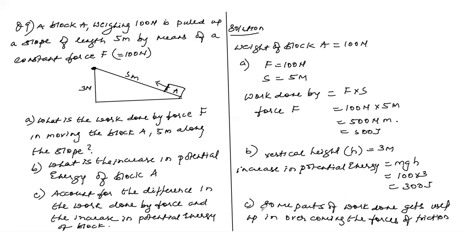Correct? Some part of work done gets used up in overcoming the force of friction. Hence, the increase in potential energy is only 300 joules. Correct? So this sum is over, children.